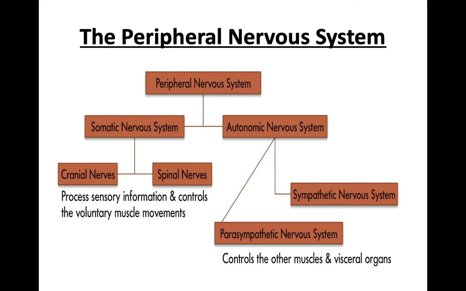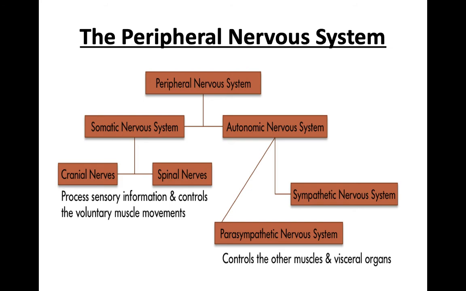And that's a good way to remember the distinction between somatic and autonomic. Autonomic sounds like automatic. If you think about all the things that we do automatically without thinking, that's controlled by our autonomic nervous system. But we can divide it into the sympathetic as well as the parasympathetic nervous system.